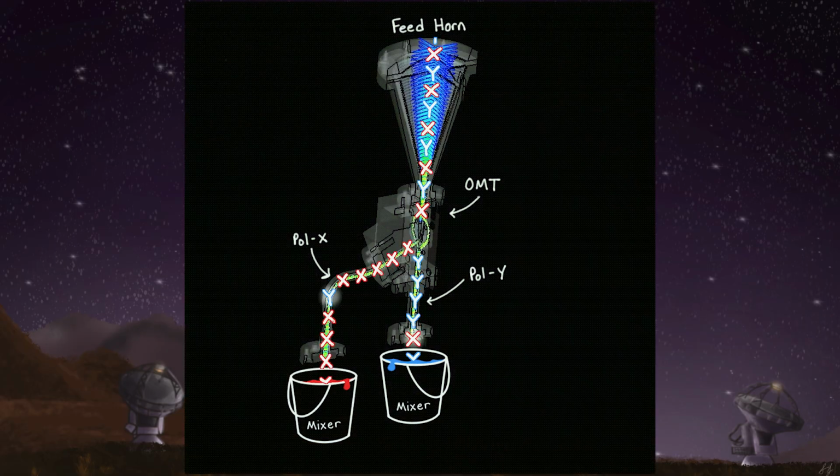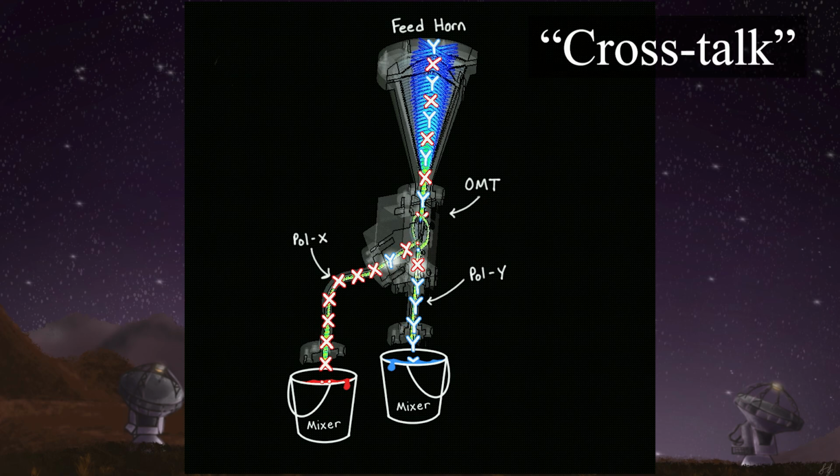The first and most important of these effects arises because of something called leakage or crosstalk between the polarization signals, caused by the receiver cartridge design and external optics, and is different for every receiver and antenna.